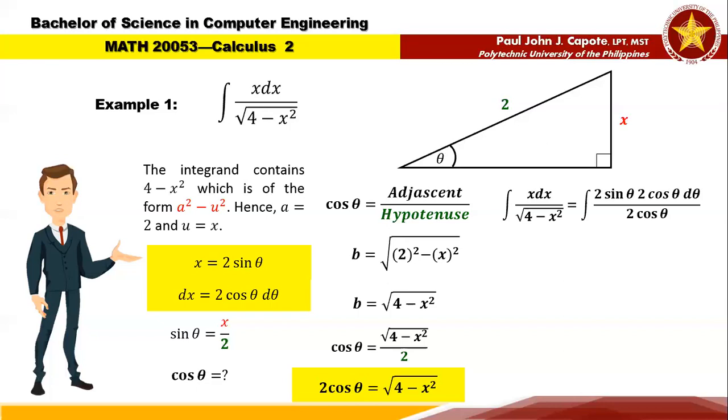And the denominator, square root of 4 minus x squared, is now being replaced by 2 cosine theta. If you notice, we are substituting this information that we generated a while ago to evaluate the given integral.